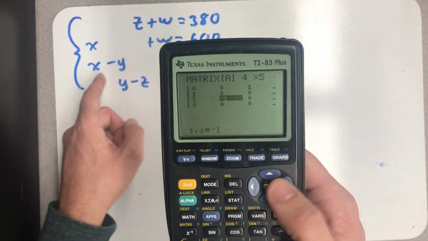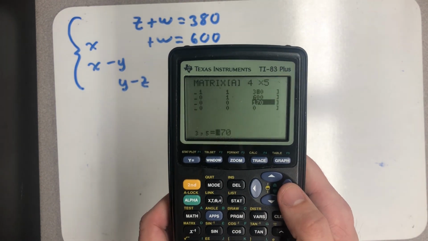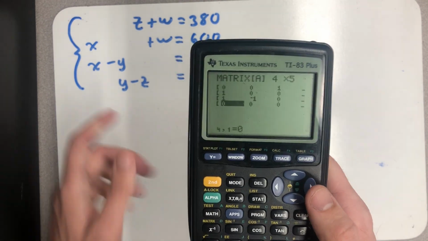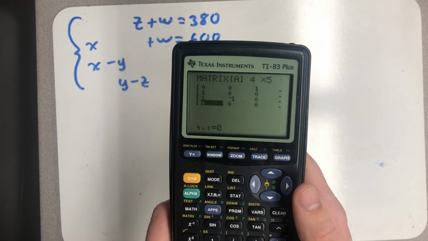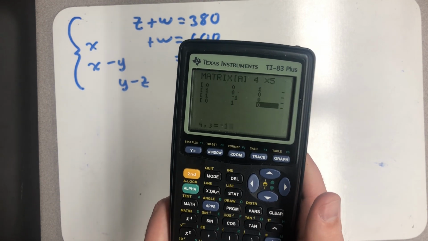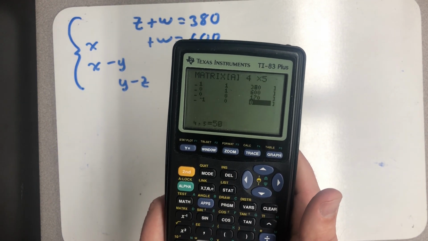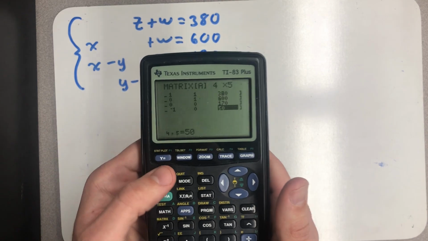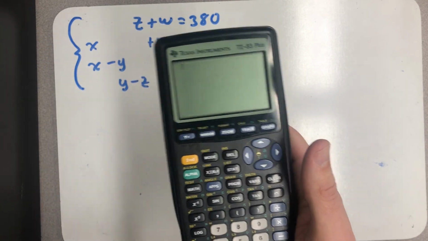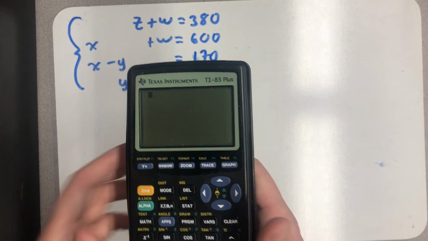And now here, 1, minus 1, 0, 0, 170. All right, enter. And then the final row, 0, 1, minus 1, 0, finally 50. Okay, so I have my matrix entered in. I usually go back and proofread, but since I kind of had to redo some of it anyway, I feel pretty good about it.